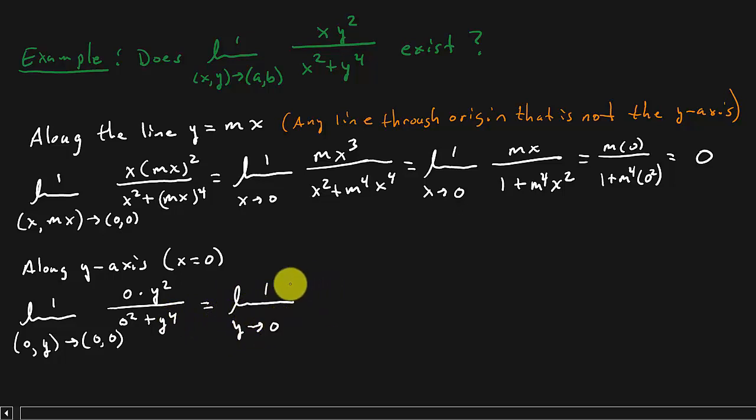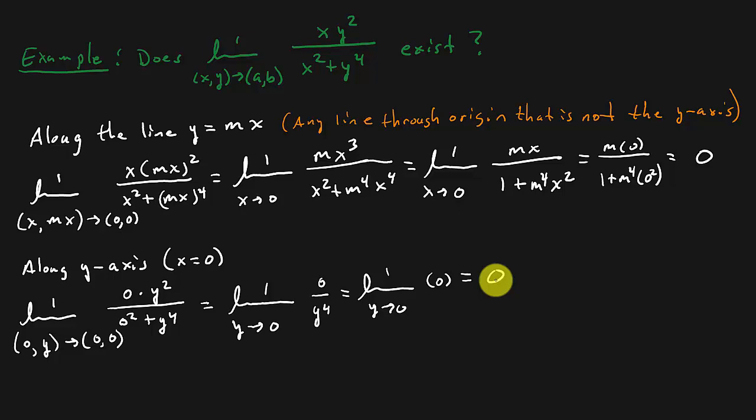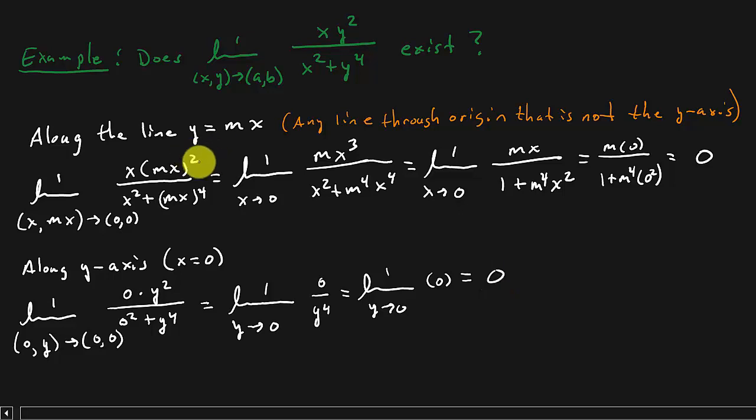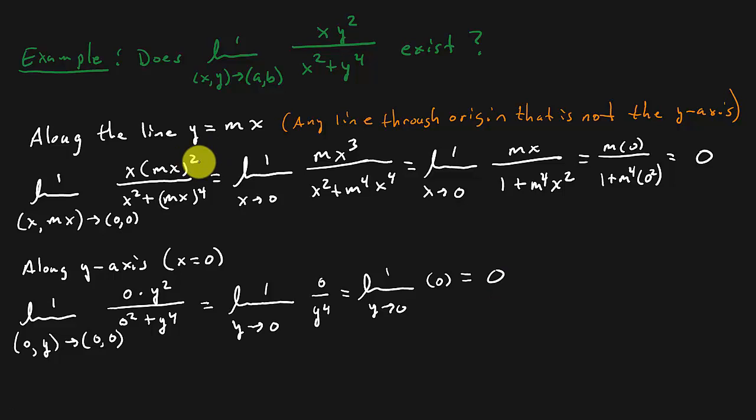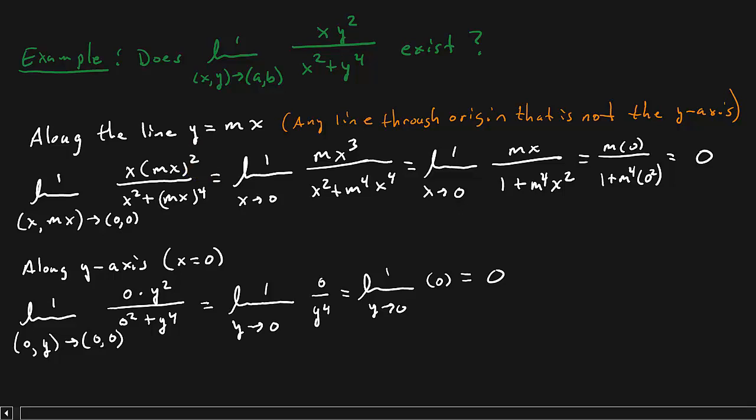And that's just going to be 0 over y to the fourth, which is the limit as y goes to 0 of 0, which is 0. So we've shown that along the y-axis and actually along the x-axis that it approaches 0, and any line coming through the origin, through that point 0, 0, is 0. And actually, I wrote the problem wrong.